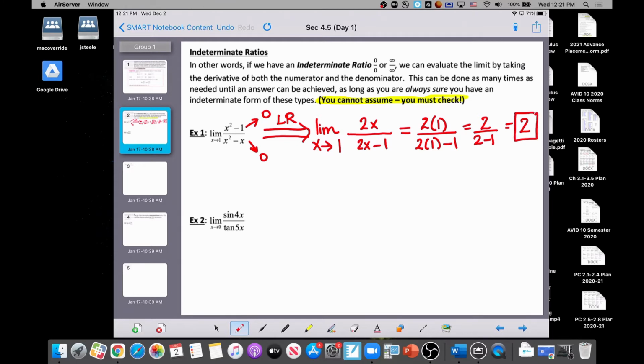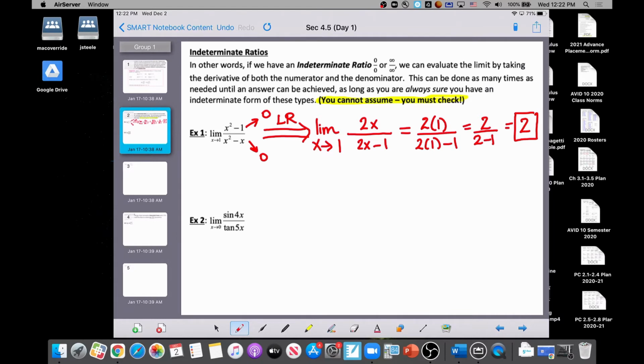Okay, so the answer to the limit in example 1 is 2. I guess that one we could have done with some algebraic manipulation, right? We could have factored our numerator and denominator, factored out the x minus 1 factor, and we would have been able to do it that way, but this was a great example to show L'Hopital's rule with.